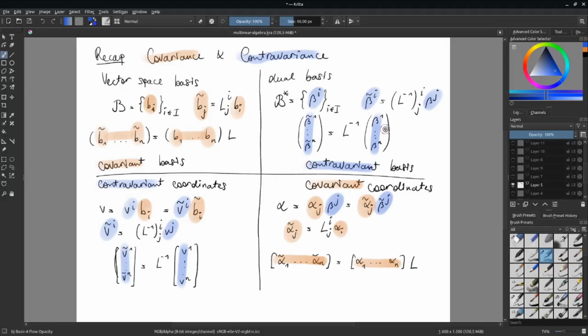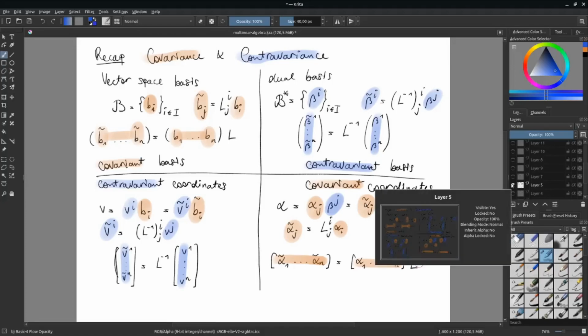And if I express my vectors in this basis, I have contravariant coordinates because they change with the inverse matrix. And on the dual space, my coefficients will be covariant.